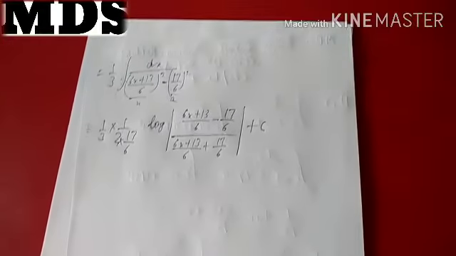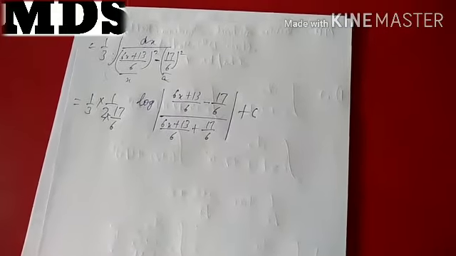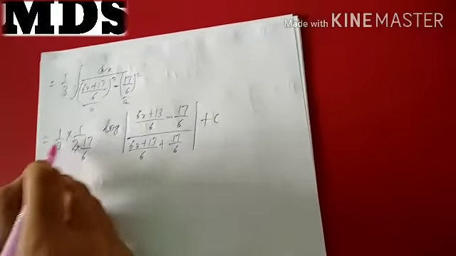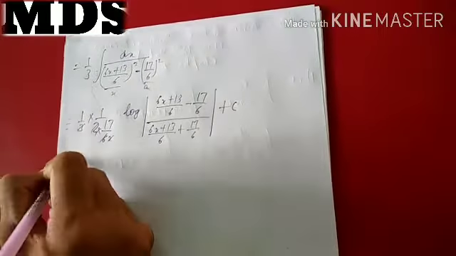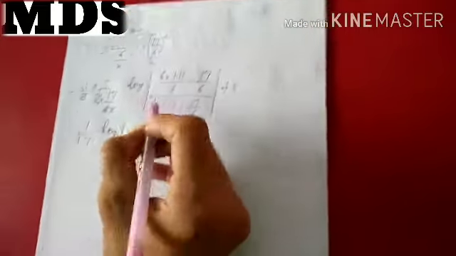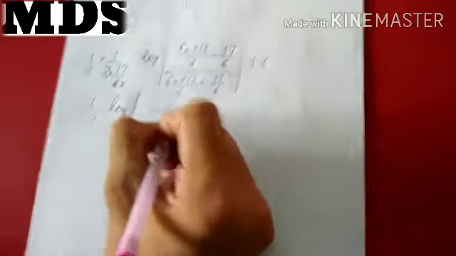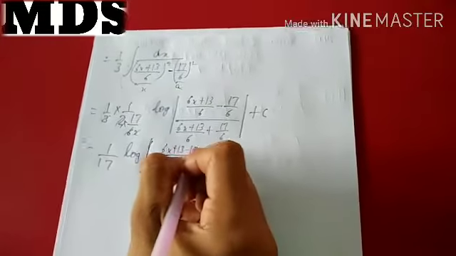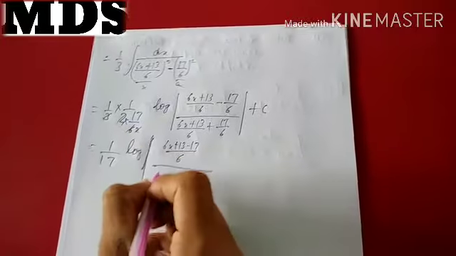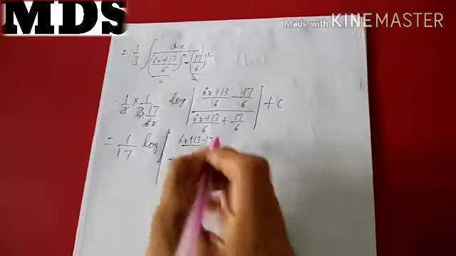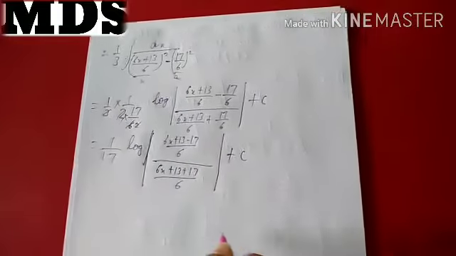Okay, just now we have to simplify this. So this will be 1 by 17 log of, here first of all we will take LCM. LCM will be 6. 6x plus 13 minus 17, here 6x plus 13 plus 17 by 6, we will get plus c.